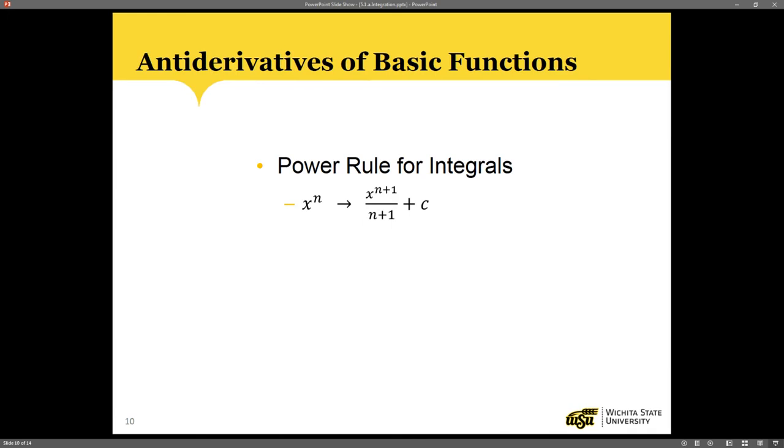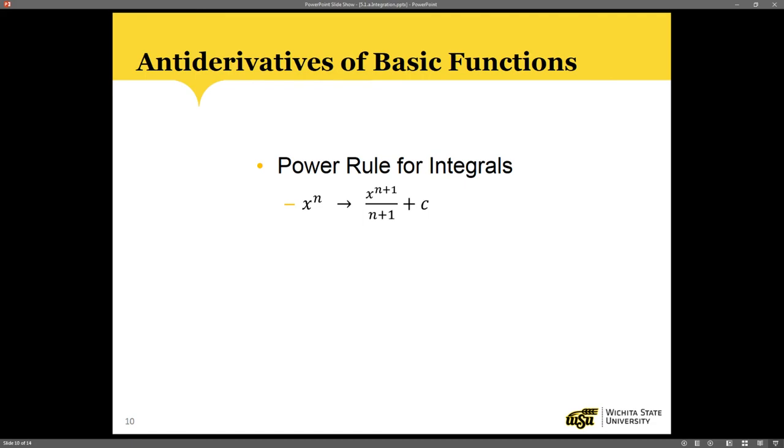So we see that we can build up the power rule in the following way. The antiderivative of x to the n is x to the n plus 1 divided by n plus 1 plus a constant. Now, it's important to realize that we're doing everything in reverse. Before, remember, we multiplied by the exponent and then we subtracted 1 from the exponent. We have to do everything in reverse order.